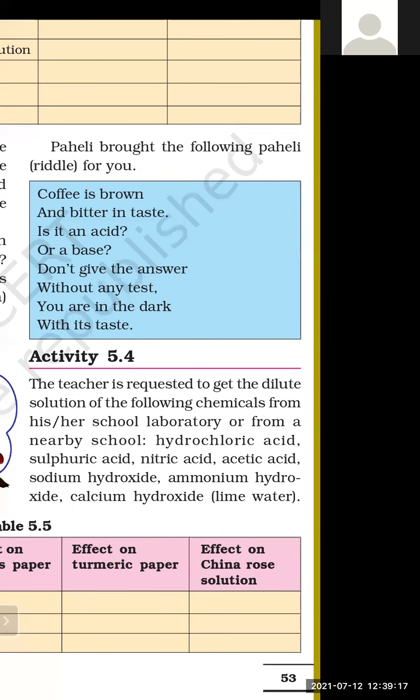The teacher is requested to get the dilute solutions of the following chemicals from the school laboratory or from a nearby school: hydrochloric acid, sulfuric acid, nitric acid, acetic acid, sodium hydrogen carbonate, ammonium hydroxide, calcium hydroxide. So some acids are there and some bases are also there.